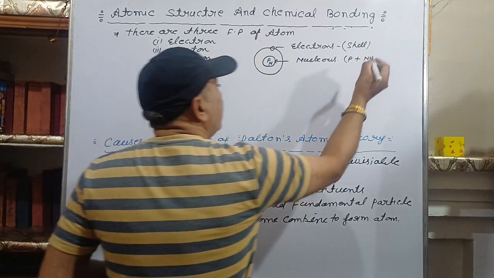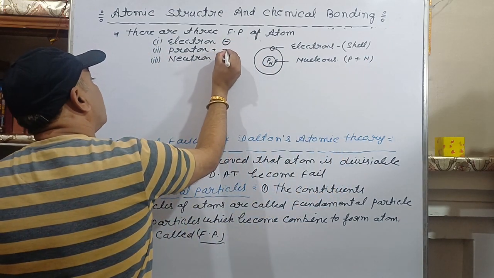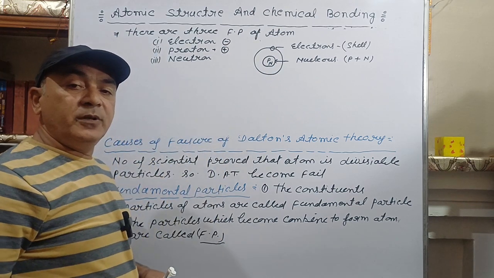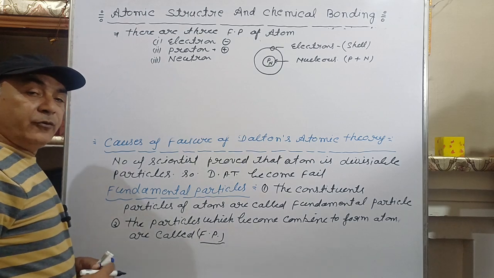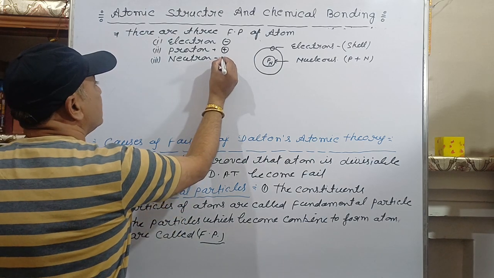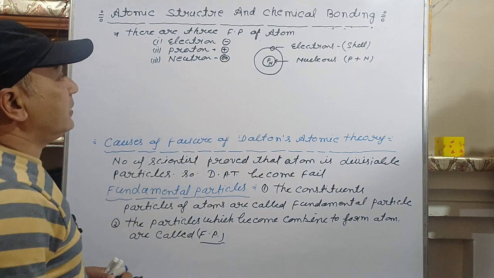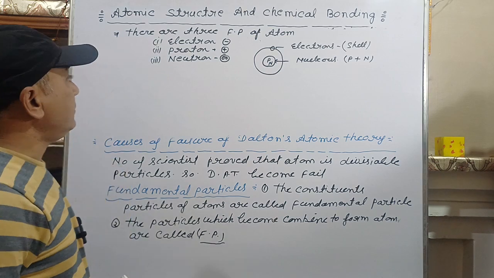Electrons are negatively charged particles, P for proton and P for positive: protons are positively charged particles, and N for neutron, N for neutral, so the neutron is electrically neutral. These are the three fundamental particles of atoms.